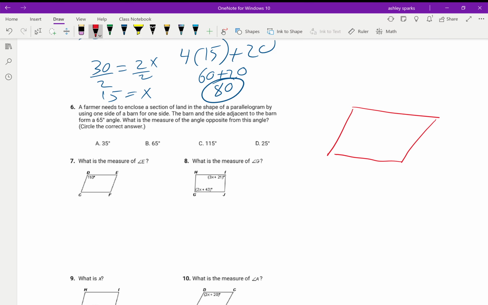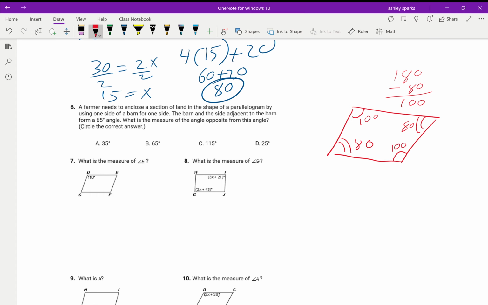What's true about angles is opposite angles are congruent, so they'd be like this, and adjacent angles equal 180 degrees. So we'll see that in practice in a second here, but I guess I can go ahead. If this is 80, over here is 80. What I would do from there is subtract from 180, which tells me my other two would be 100, is how I could calculate my angle measurements.